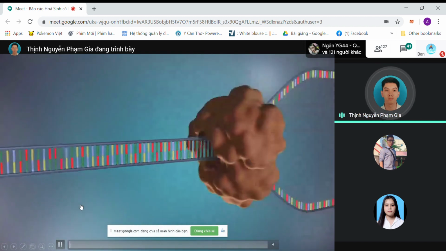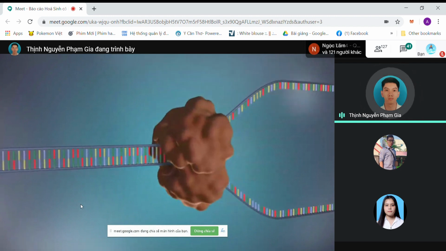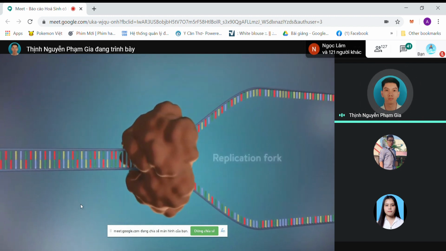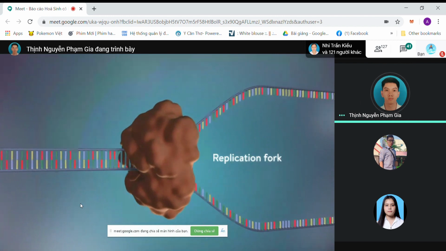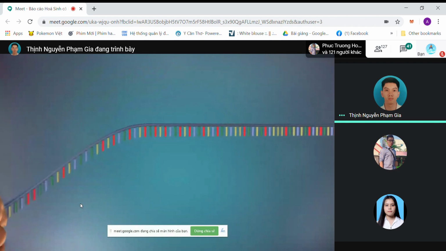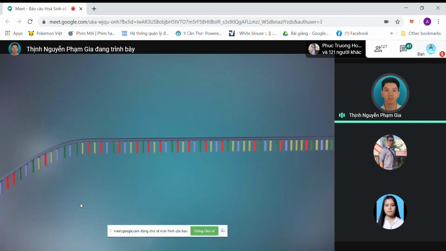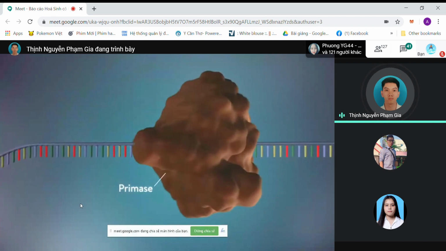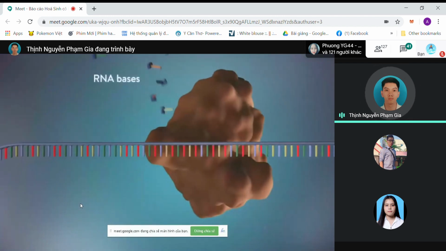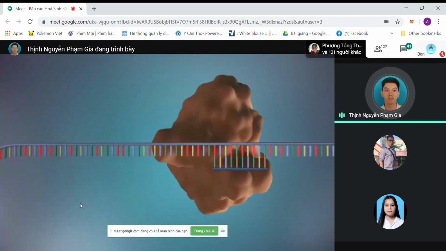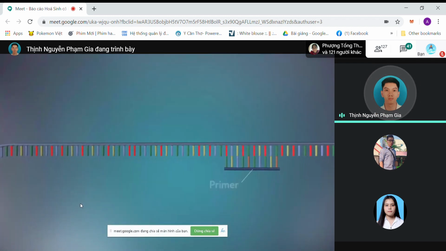The first step is to separate the two chains. The enzyme helicase unzips the helix. It makes a replication fork. After separation, each chain will be a template for creating a new chain of DNA, and DNA primase will generate RNA primers. Primers are short RNA molecules that mark the starting point of DNA replication.